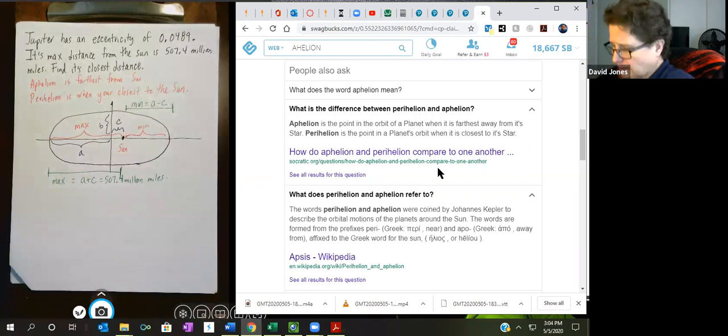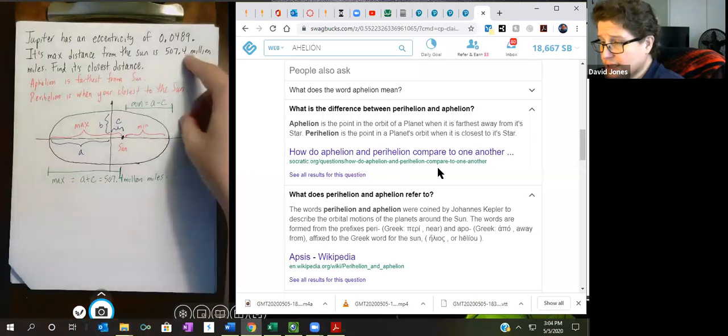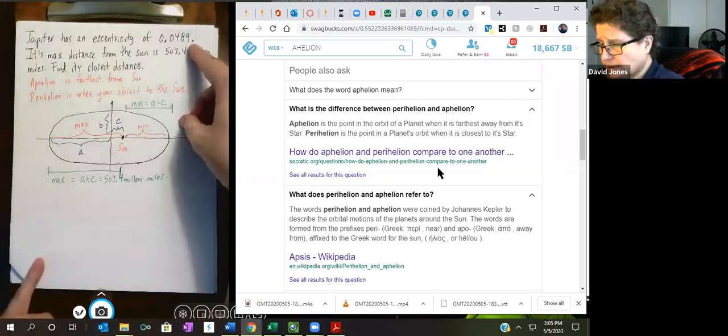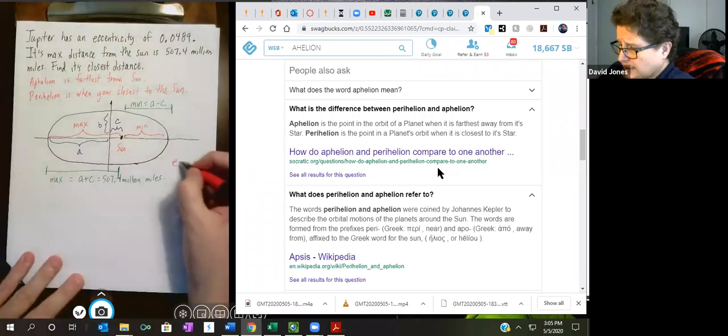Okay, so let's use that to our advantage. So what do we have? A plus C is 507.4. We know the eccentricity. E is given to us, 0.0489.